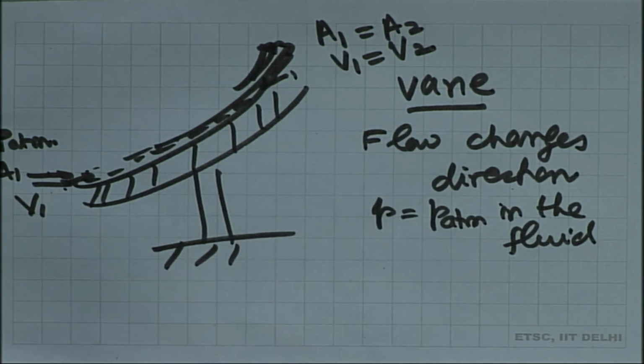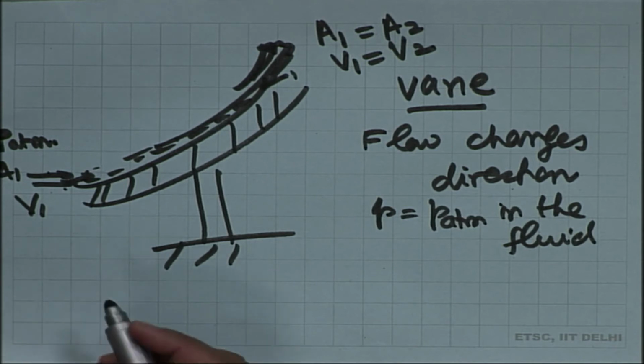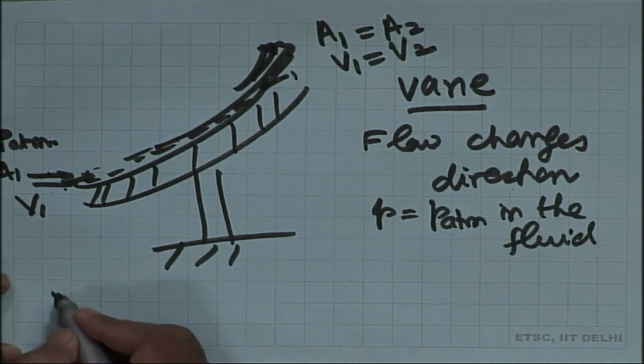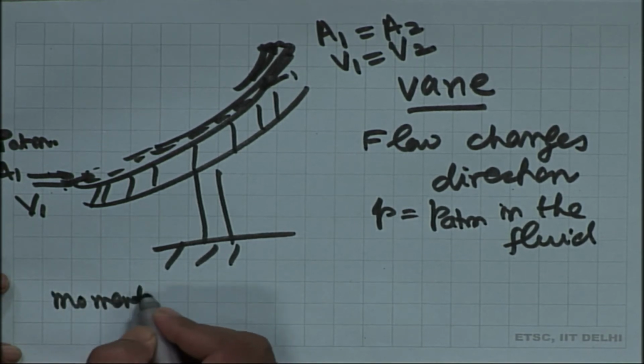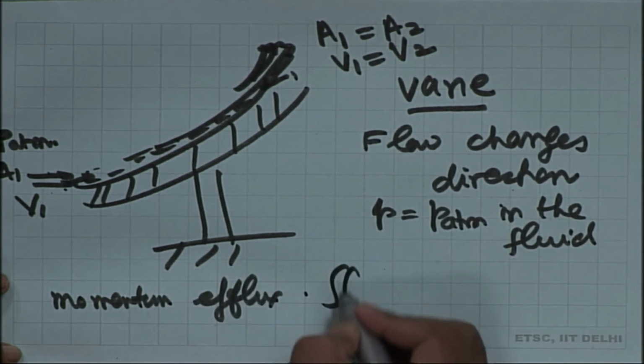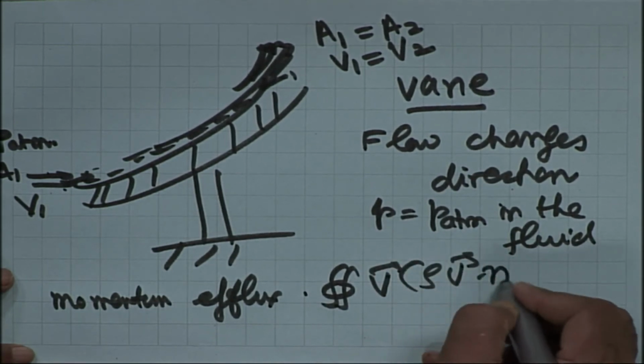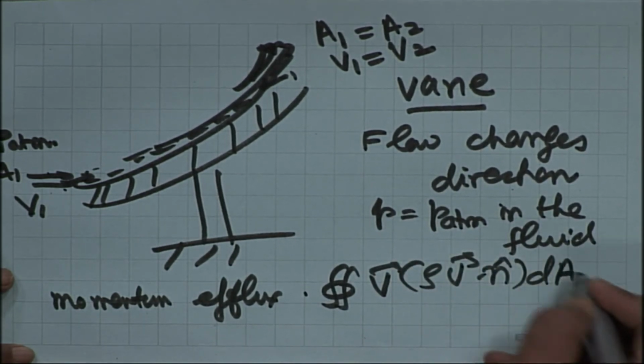If we apply Bernoulli's equation between the two ends, we will get this. Now, here if we have to find the forces on the support, then there will be no force because of pressure. If we neglect the weight, then the main term is the momentum flux term, integral of V rho V dot n dA.